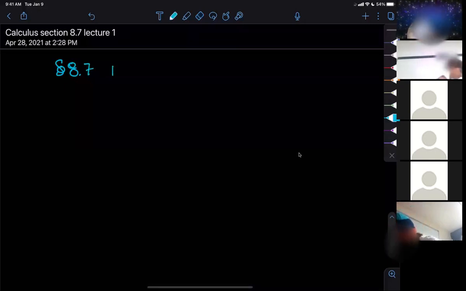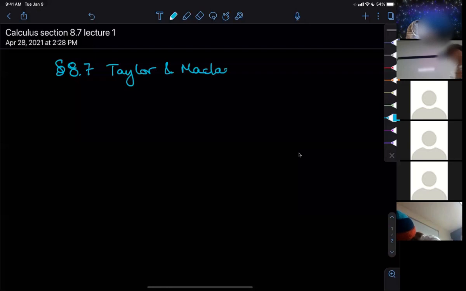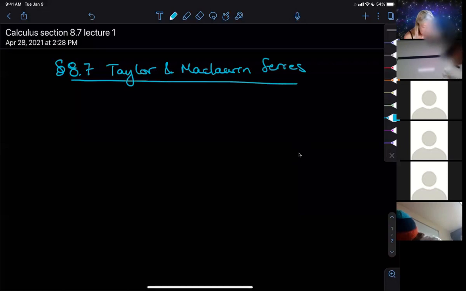Okay, so 8.7, Taylor and MacLaurin series. Here's what our goal was. Given a function, how can you find a power series that represents that function?